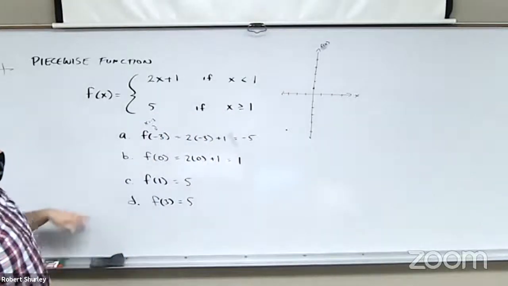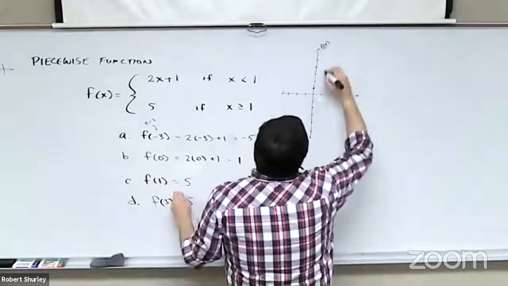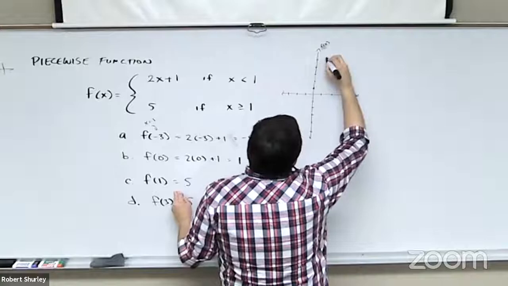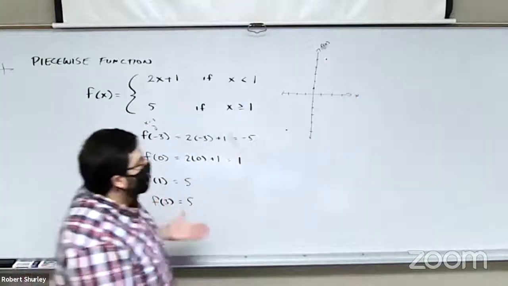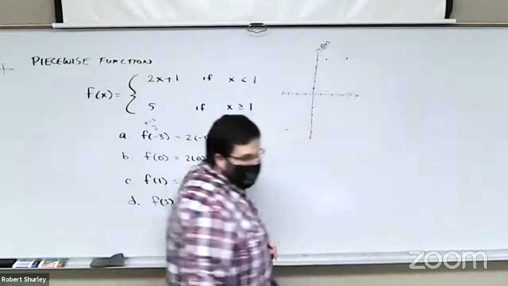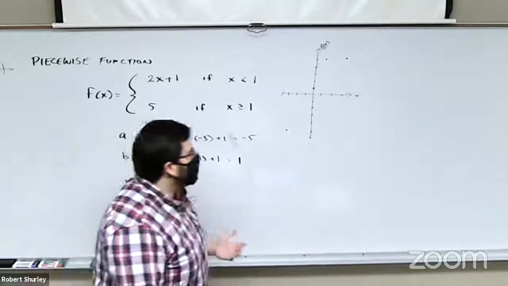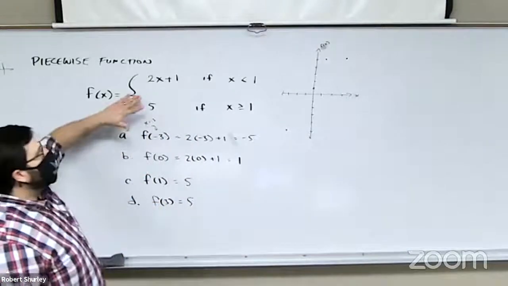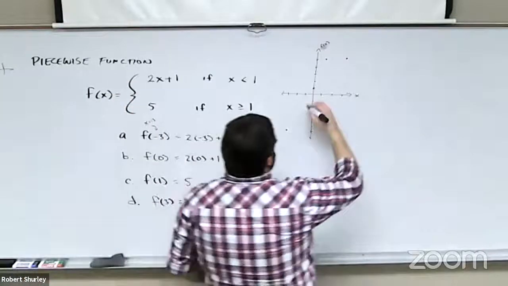But then when x equals 1, we move over to 5. 1, 5, right? And then at 3, we're also at 5. So just to kind of show what's happening, I want to know where this line to the left is headed.